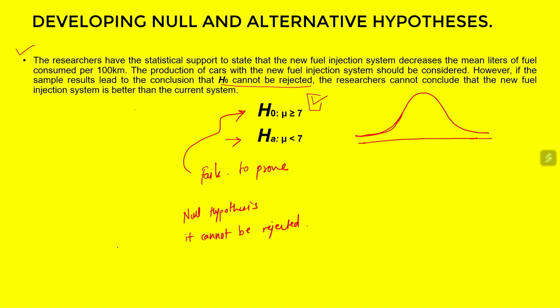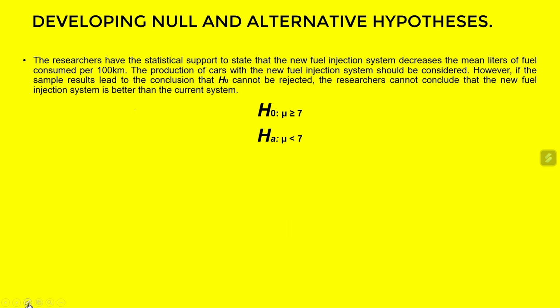Now, let us understand how this will look in the normal distribution diagram. So this is our normal distribution curve, right? Whenever we are building a hypothesis, we are testing the alternative assumption, right? We're always testing our hypothesis, and we are always trying to prove whether this is going to be right or not.